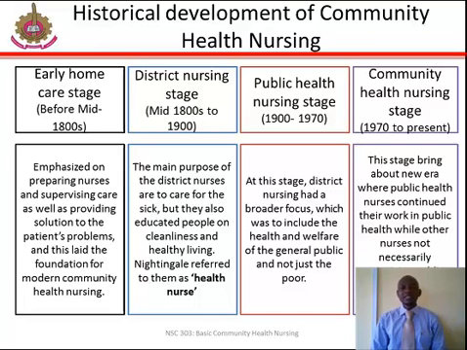The next stage in the development of community health nursing was the official organization of visiting nurses or district nursing. That is between the mid-1800s to 1900. The main purpose of the district nurses was to care for the sick, but they also educated people on cleanliness and healthy living. Nightingale referred to them as health nurses.